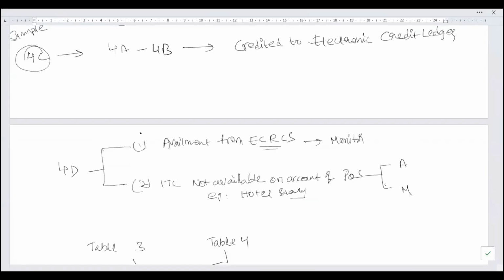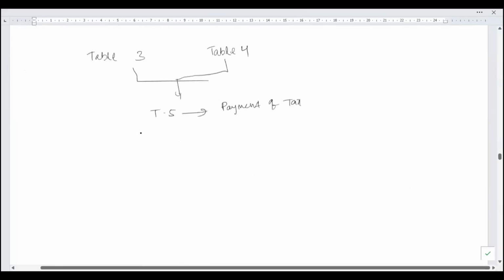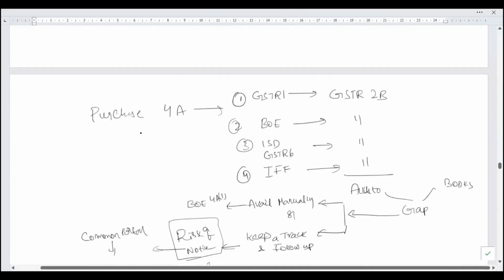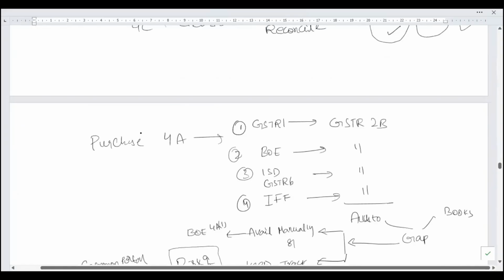Say in 23-24 you put into the warehouse, and in 25-26 you open the key. Then they say, boss, the time limit is over, you cannot avail. So for every amount you enter, you need to have a detailed bill-wise breakup. This is the expectation from the GST department, right? So with this, we come to the end of our GSTR-3B understanding.